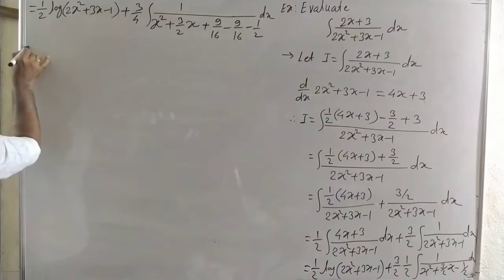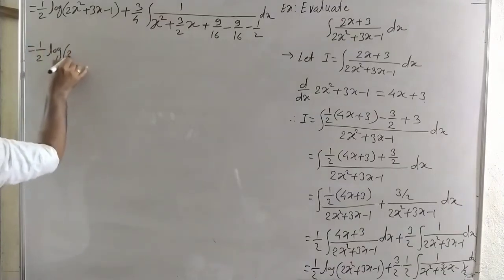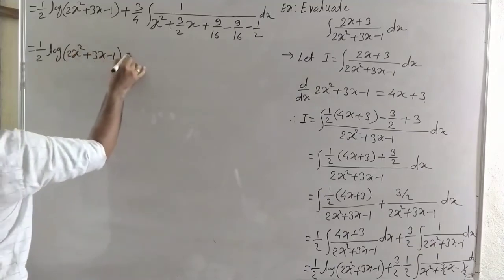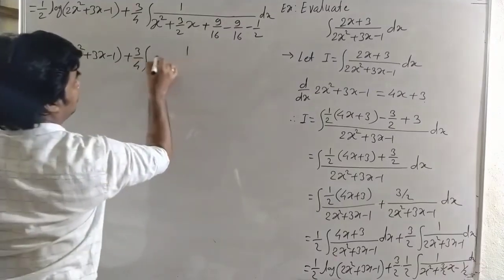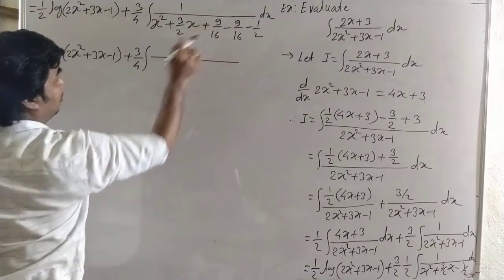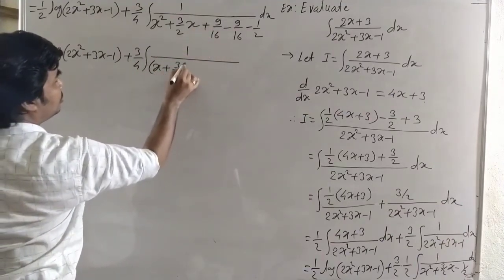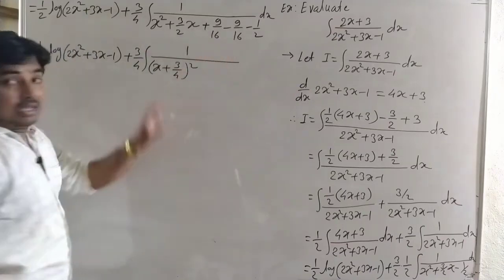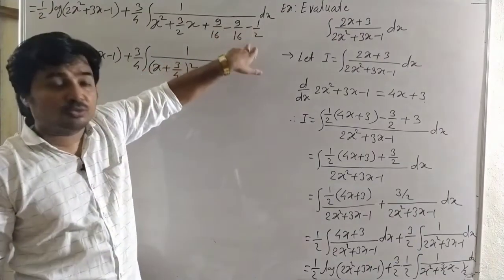Then first term as it is, 1 by 2 log of 2x square plus 3x minus 1, plus 3 by 4 into, okay, here it is x plus 3 by 4 whole square, and here calculate carefully this minus 9 by 16 and minus 1 by 2.